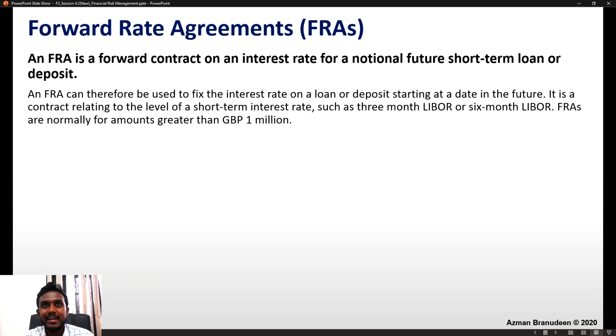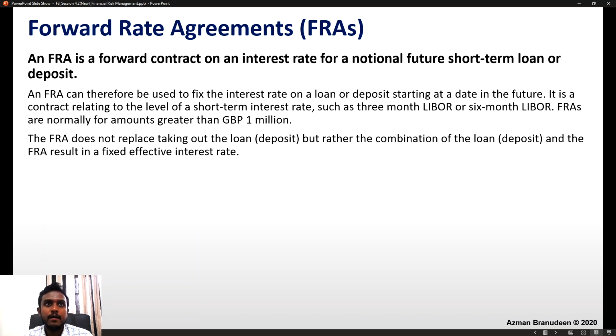It is a contract relating to the level of a short-term interest rate, such as 3-month LIBOR or 6-month LIBOR, and FRAs are normally for amounts greater than sterling £1 million. The FRA does not replace taking out the loan, but rather the combination of the loan or deposit with the counterparty and the FRA results in a fixed effective interest rate, and you know what that interest rate is going to be at a much earlier date, on the date you enter into this agreement.